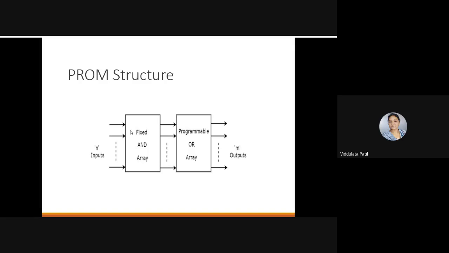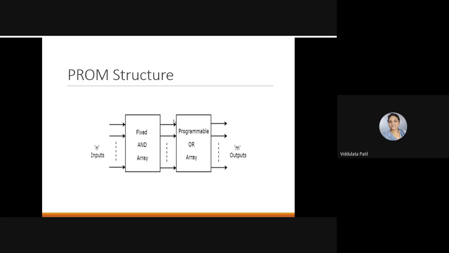So the AND array for PROM is fixed, and then we have a programmable OR array. This is the next structure, a programmable OR array, and then we will get m number of outputs.